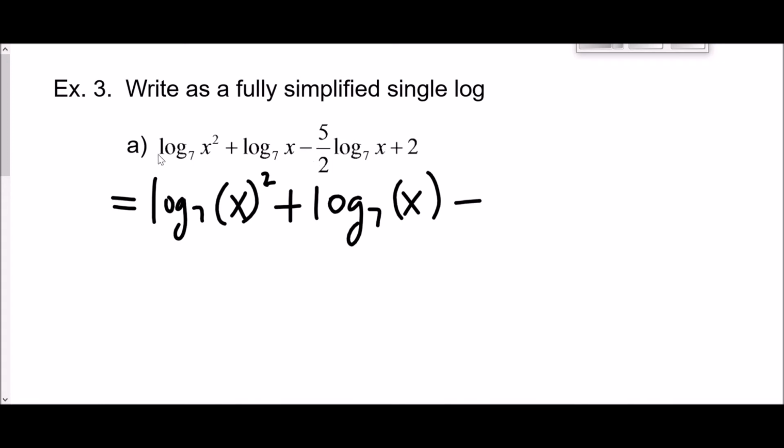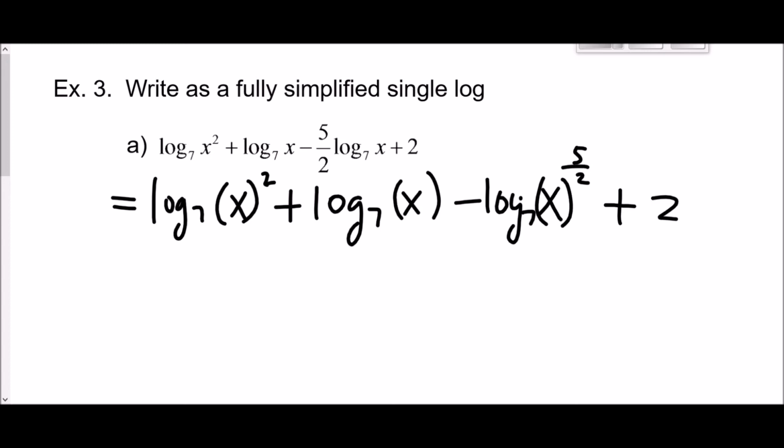There are actually 1, 2, 3, and then a fourth term. So move this here as an exponent, minus log base 7 of x raised to the power of 5/2. And then last but not least, plus 2.